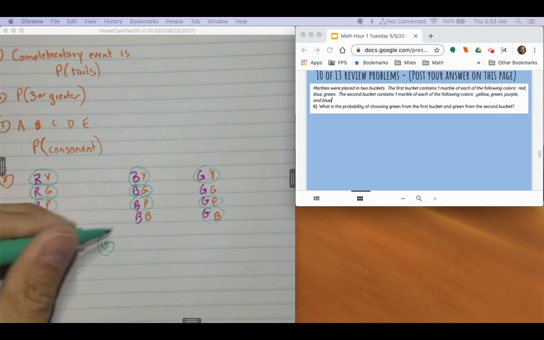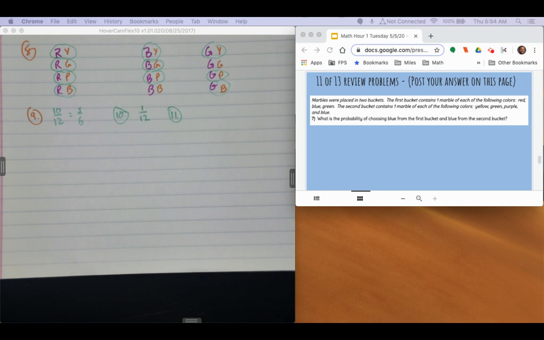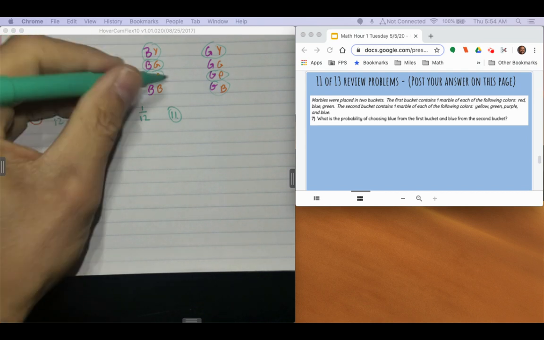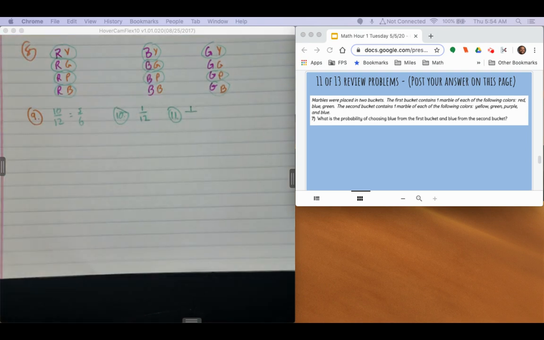And so it would be 1 out of 12 for number 10. What is the probability of choosing blue from the first bucket and blue from the second bucket? Once again, there's only one where it's both, and the way I use the word and, it's got to be both of them. And so it's 1 out of 12. It's this one right here.